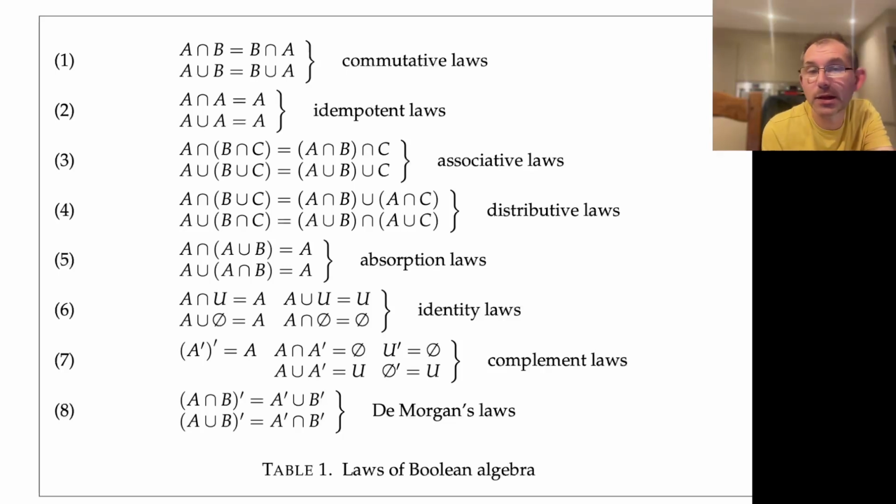So in that line 3, these are the associative laws. Between 1 and 3, these laws tell you it really doesn't matter which order you do your unions and intersections. It does start to matter when you mix the two of them, as we'll see.